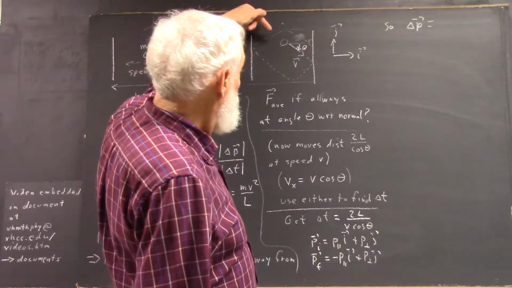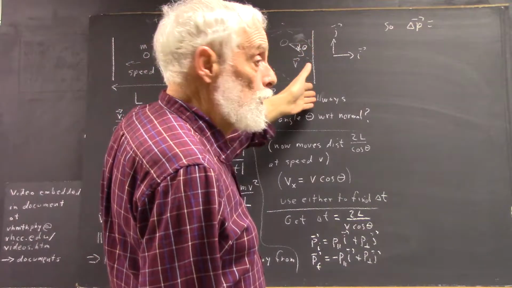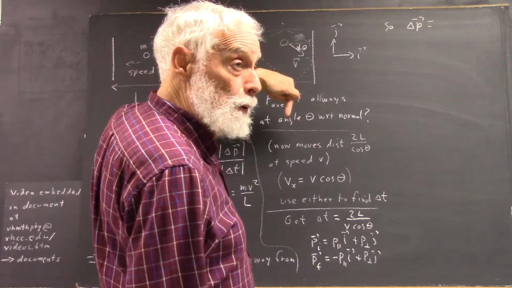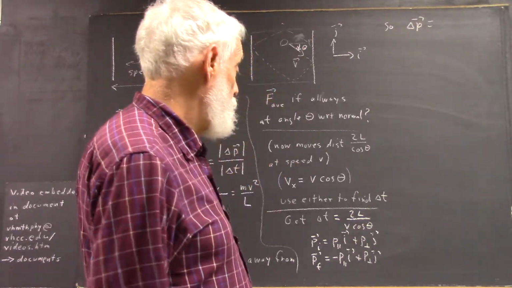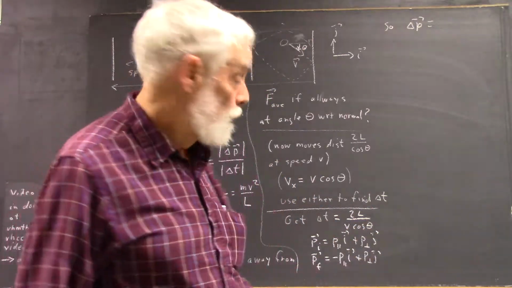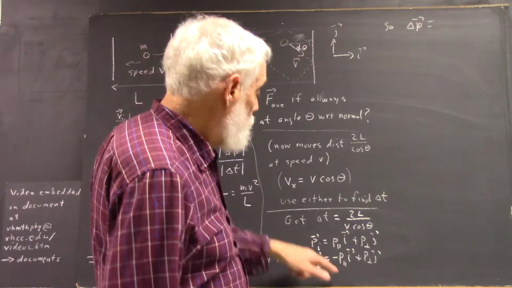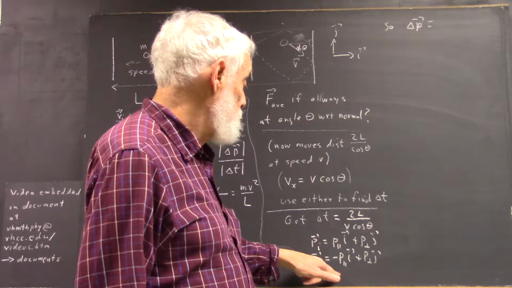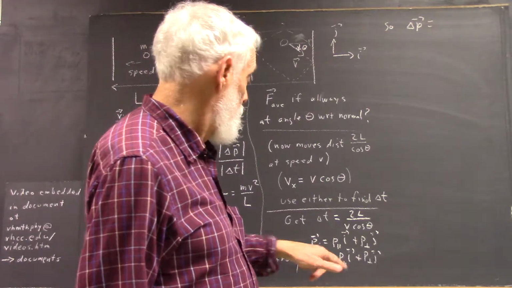The j component doesn't change. It just keeps moving because the wall exerts no force in the direction parallel to the wall, only in the direction perpendicular. It can only change the velocity perpendicular to the wall, it can only change the momentum perpendicular to the wall, and it reverses that. Speed stays the same, so you could write it like this. Okay?